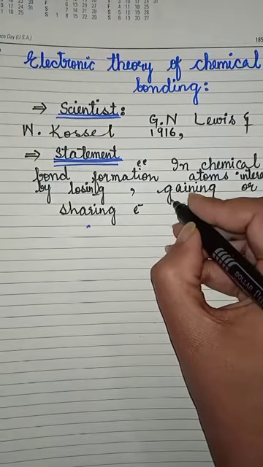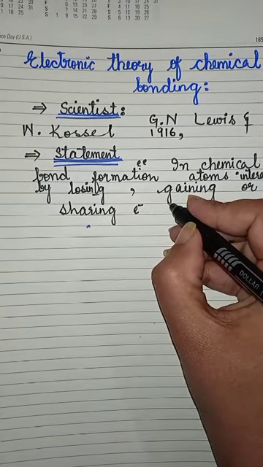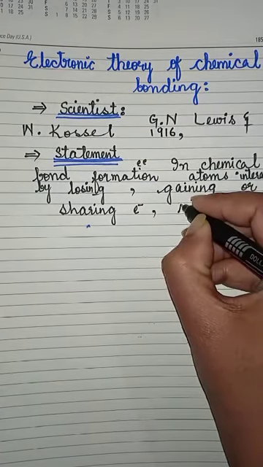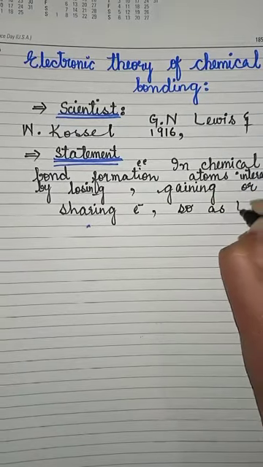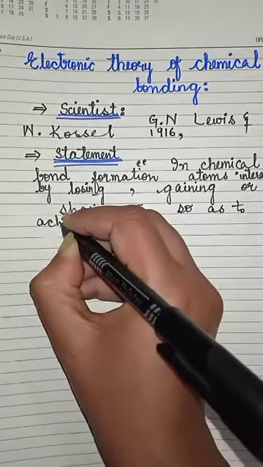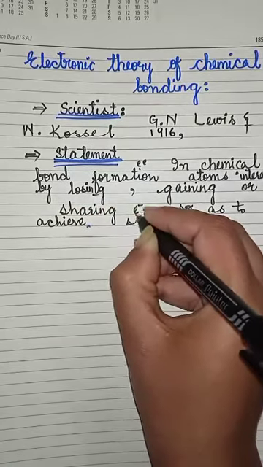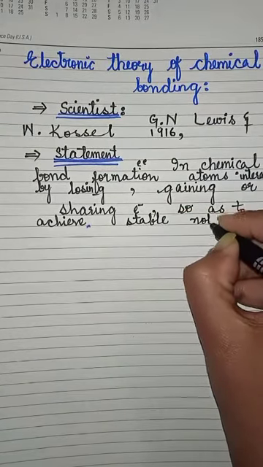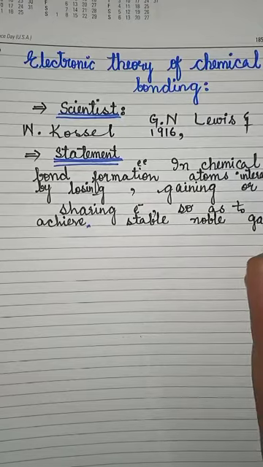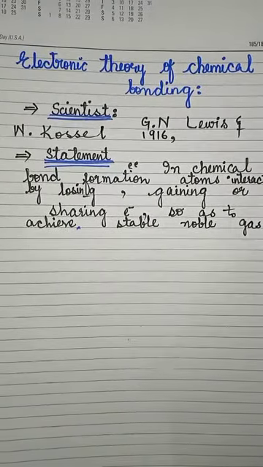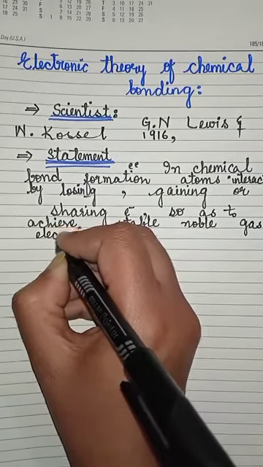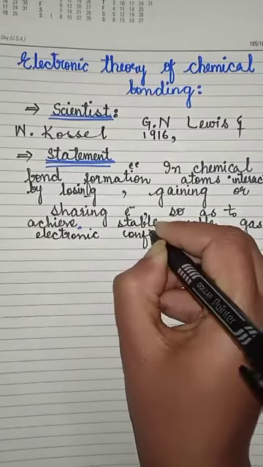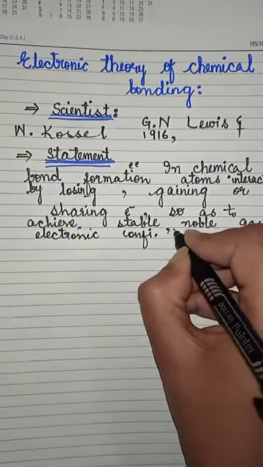They used to gain, lose or share electron so as to achieve a stable noble gas electronic configuration, right? So this was their statement.